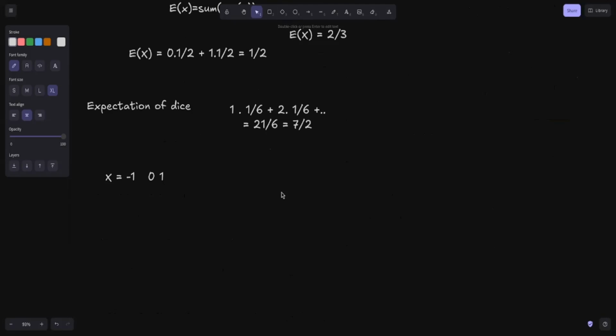Okay, and the probabilities are 0.2, 0.5 and 0.3. Now you have to find the expectation of x square. Okay, how do you find it? Can you think of something?